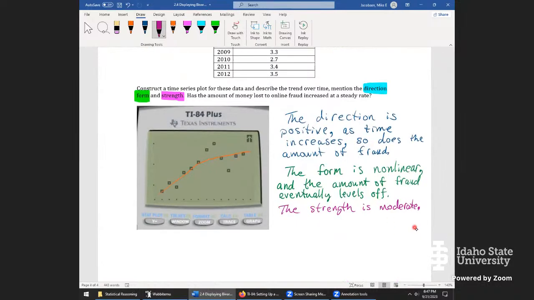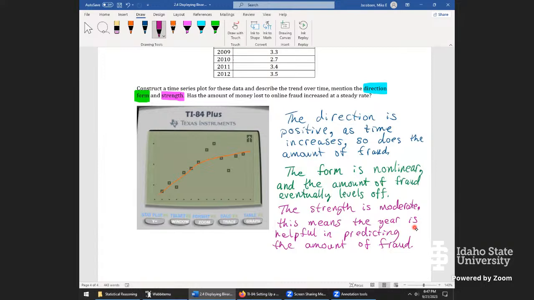If we said the strength is moderate, then this means the year is helpful in predicting the amount of fraud.